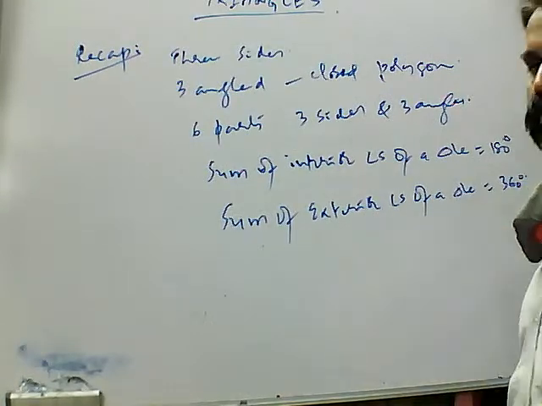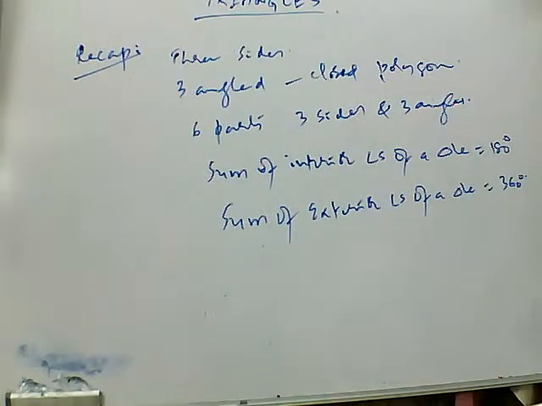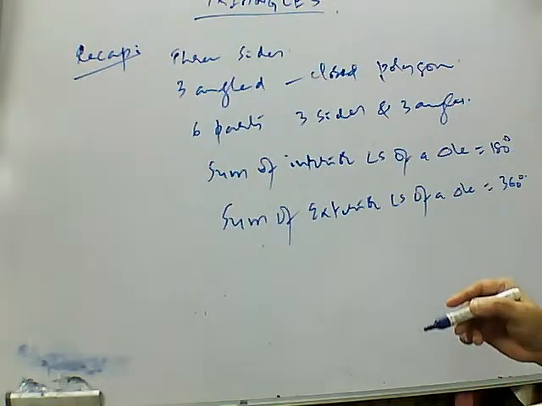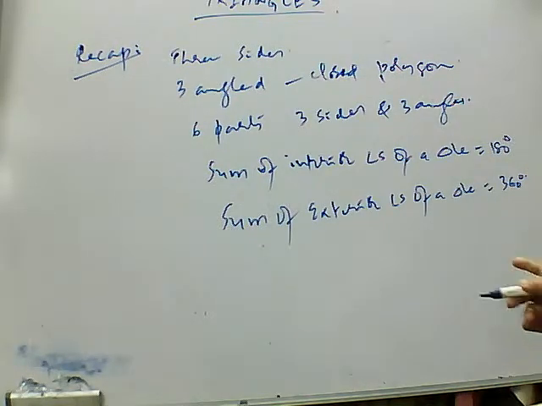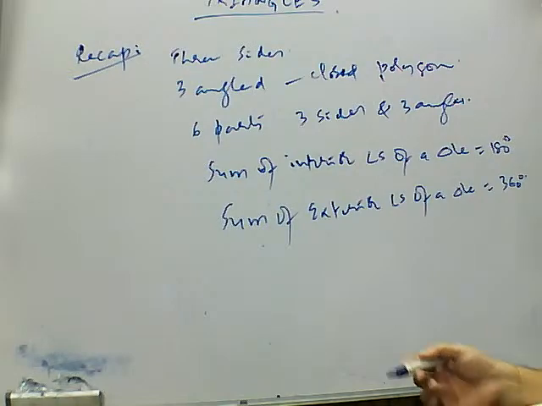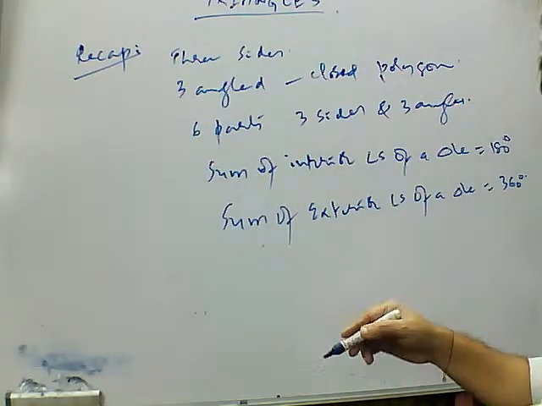This part we have proved in the previous topic. Sum of interior angles is equal to 180. This only we will call the sum of the angles of a triangle. Angles means the interior angles.